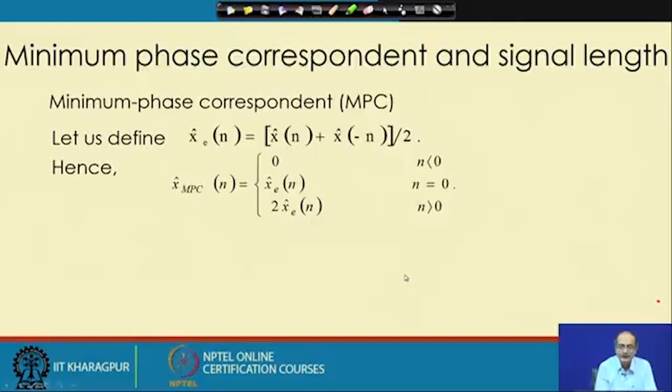The MCP can be written as 0 for index n negative; for n equal to 0 it is the same as the even part of the complex spectrum; and for positive n it is twice the value of the even part of the complex spectrum. So, we get another way of expressing the complex spectrum of the minimum phase correspondent.